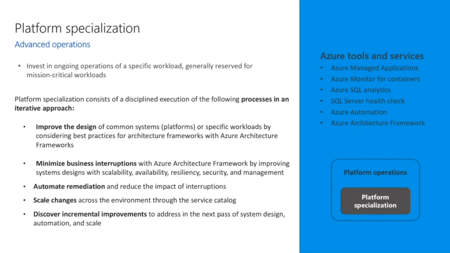To manage these kinds of workloads, you can always use the standard Microsoft architecture templates, given as Microsoft architecture frameworks. You can use standard services, for example Azure Monitor for containers, or Azure Automation, which will help you quickly define the baseline for these platform specializations.